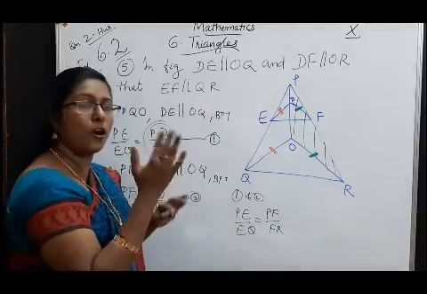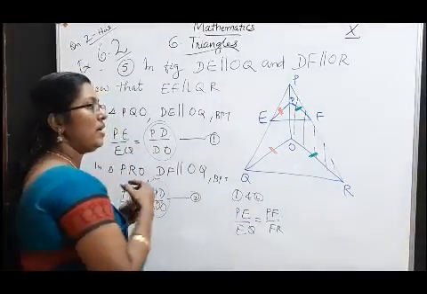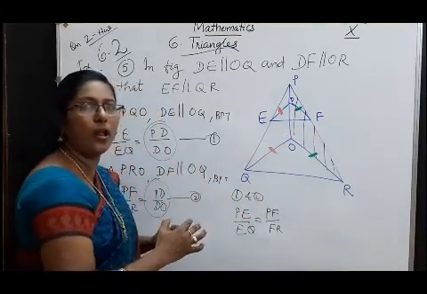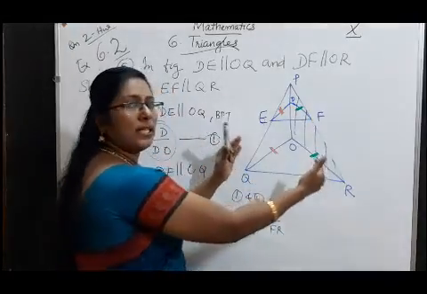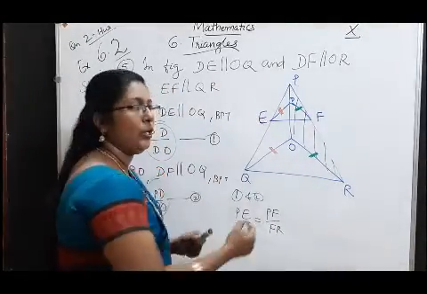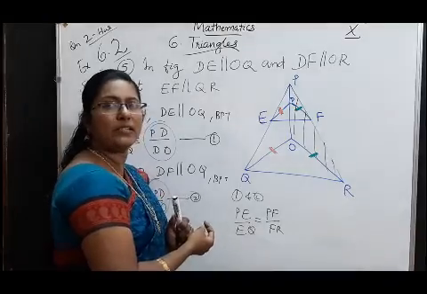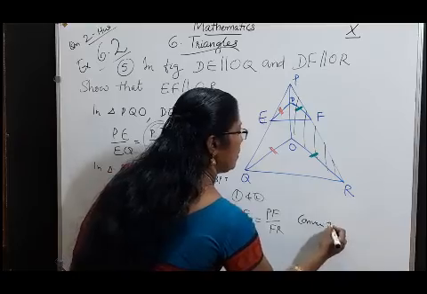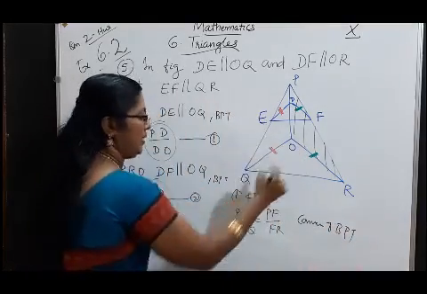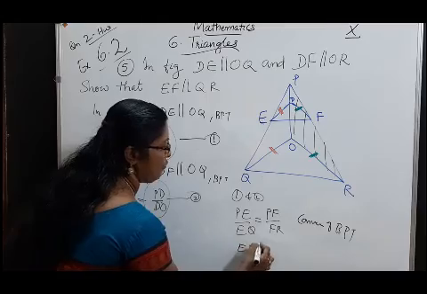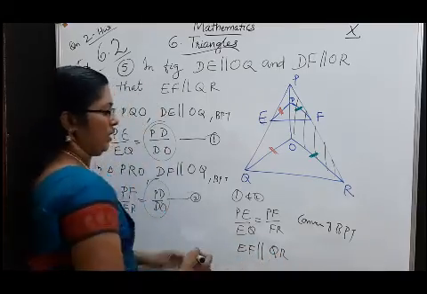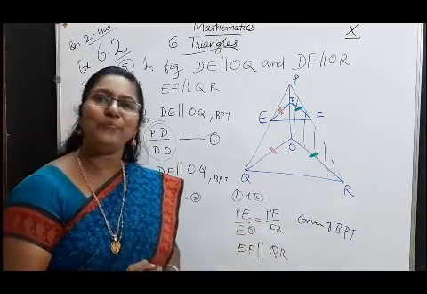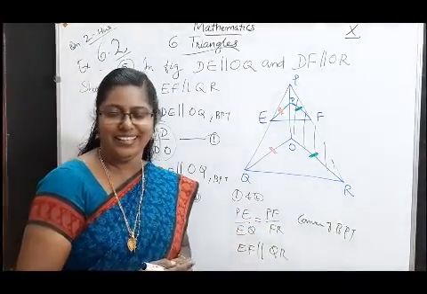The reason is the converse of the basic proportionality theorem: if the corresponding sides are in the same ratio, the third side and the given line are parallel. So by the converse of BPT, we can say that EF is parallel to QR. Okay, clear? Okay, next question.